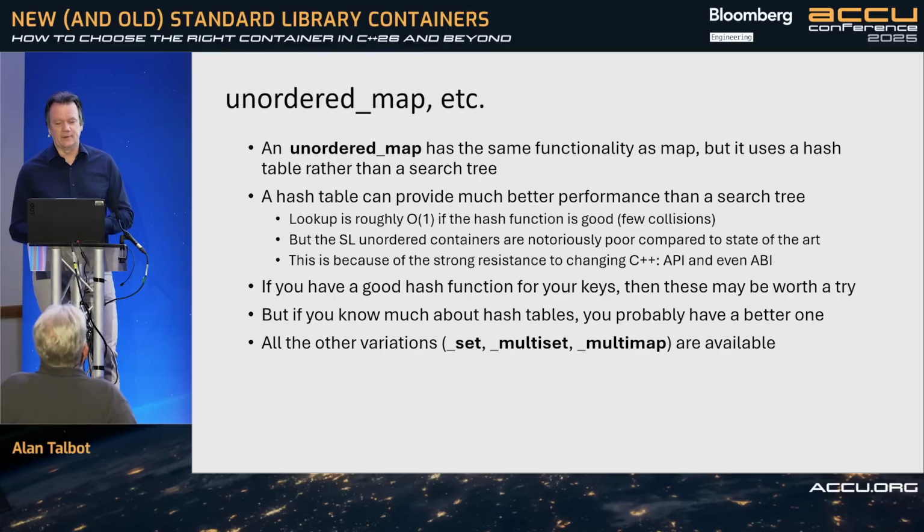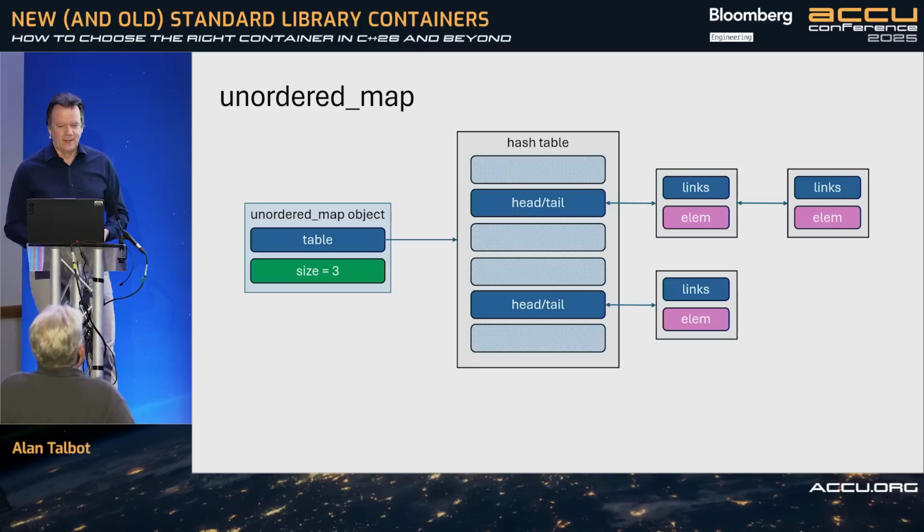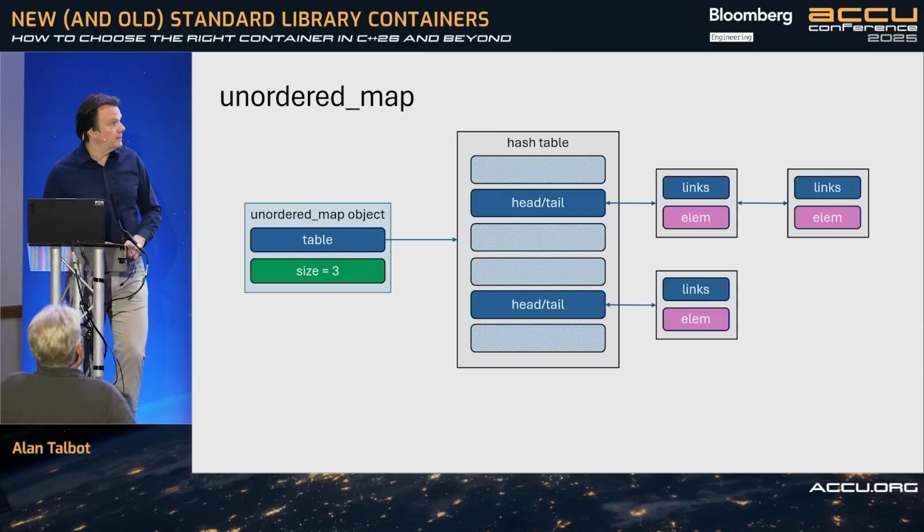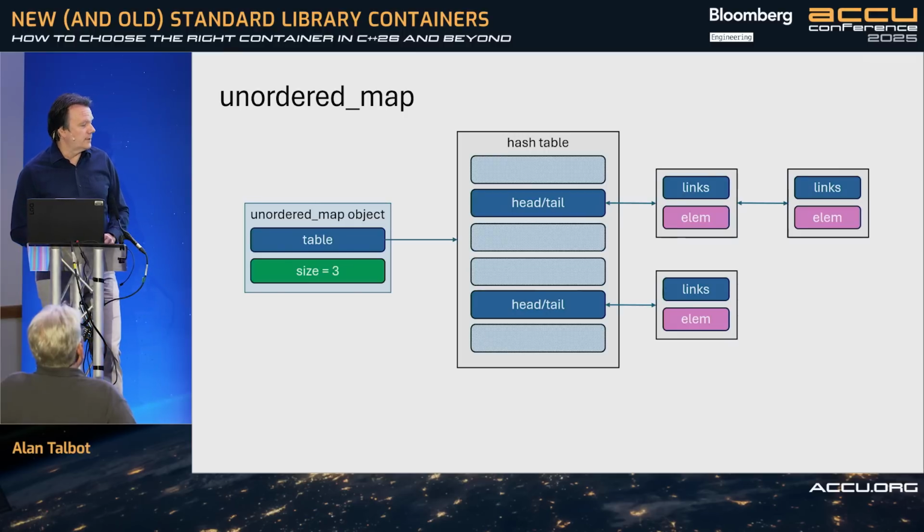The ones in the standard library are not the greatest, but they're there. And they look very vaguely like this. Point being that there are linked lists, doubly linked lists, not some other more efficient structure, because of the requirement not to invalidate pointers and things. Okay.